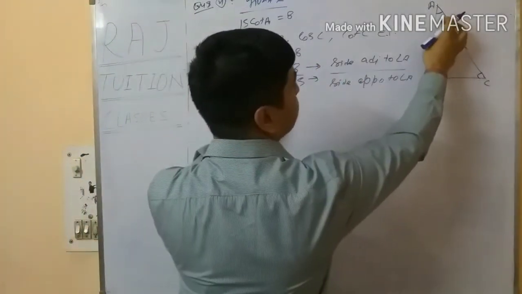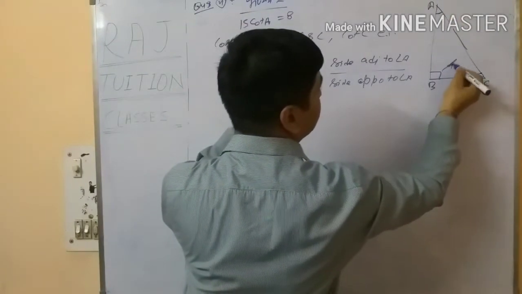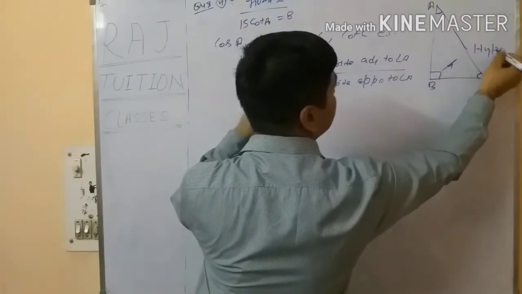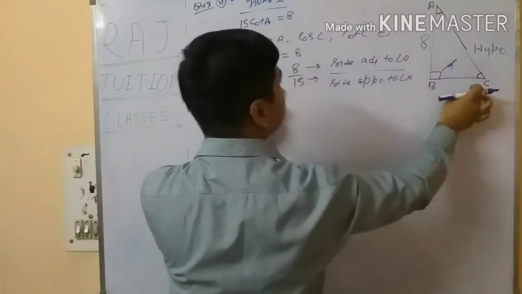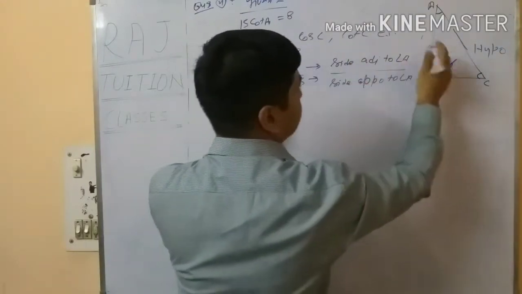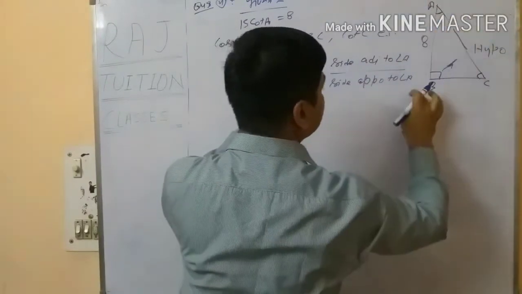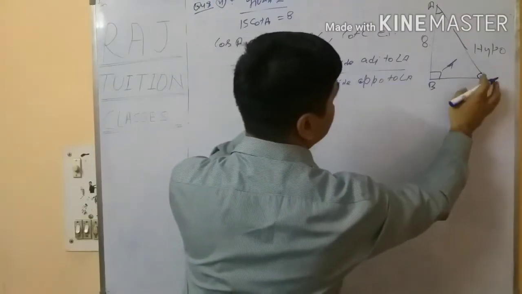This one is the hypotenuse, since it is opposite to 90 degrees.